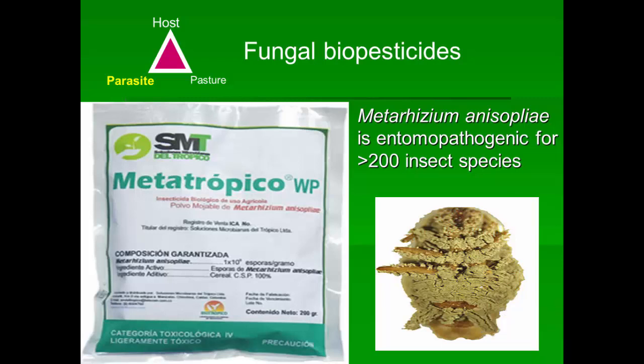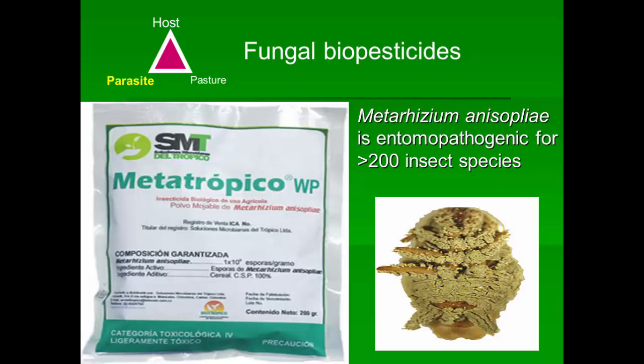There are a number of fungi like this Metarhizium anisopliae, whose spores will attach to the cuticle of the tick, and when they germinate, they penetrate and invade the structures of the tick, and eventually destroy all the organs inside. The one thing about these fungi is that they're not specific to ticks, so we don't really know their impact on other non-target organisms that could have beneficial effects.